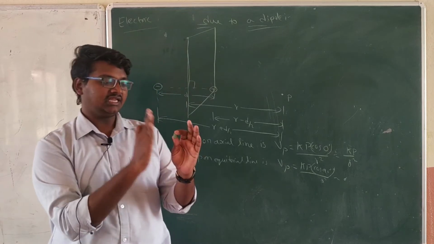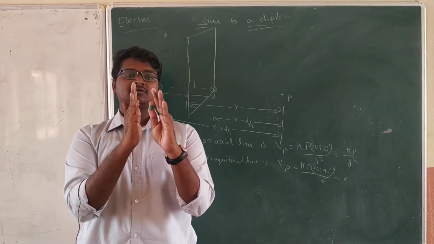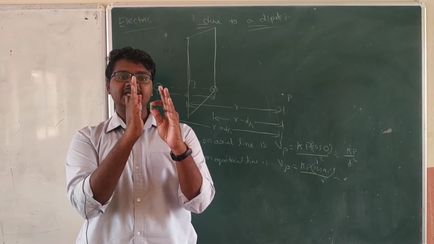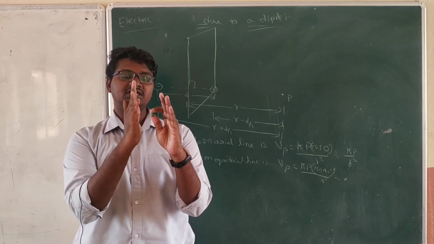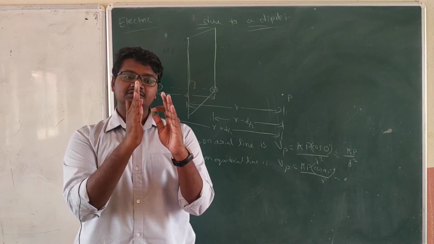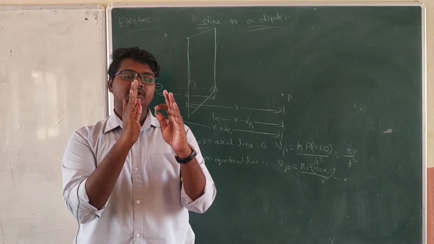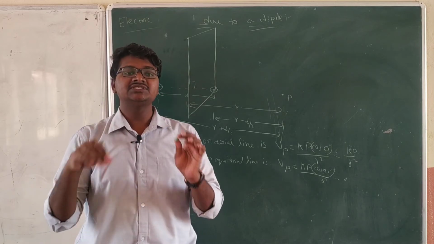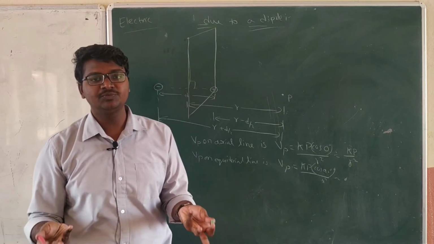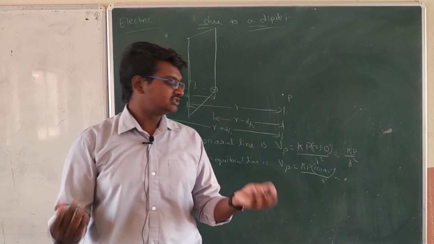If you consider a plane exactly crossing the center, then this plane is an equipotential surface with potential 0.